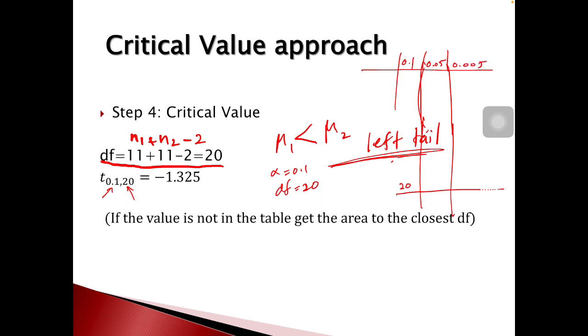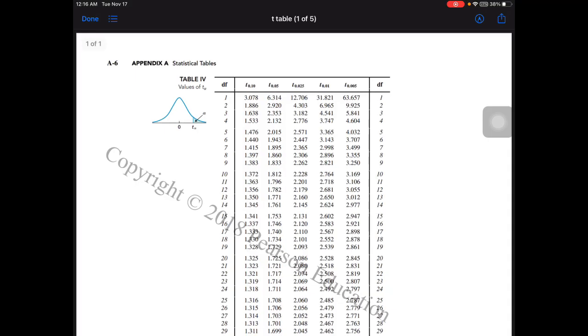Find these two and get the value. Let me, yes, I have the T table. So alpha is 0.1, degree of freedom is 20. See, degree of freedom 20 is here, and alpha 0.1, so the value is this one. Clear? The value is 1.325.